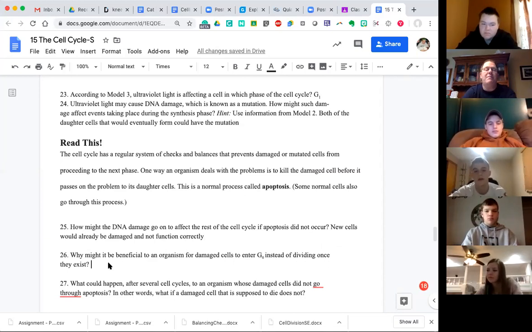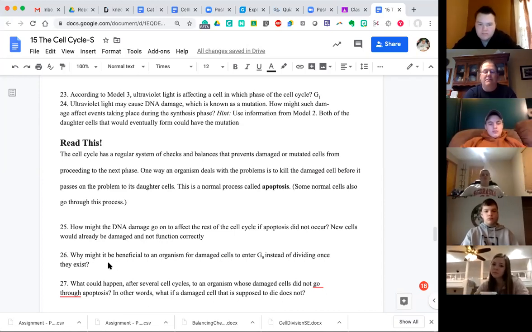Okay, why might it be beneficial to an organism for damaged cells to enter G0 instead of dividing once they exit? Because they'll go there and eventually die instead of dividing and causing more problems. Very good.